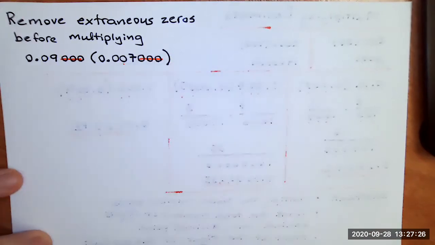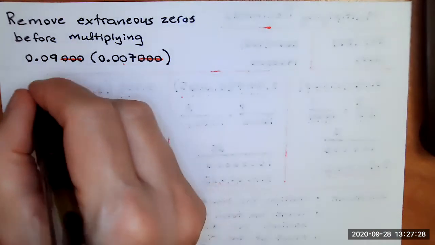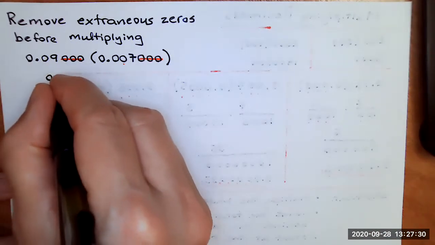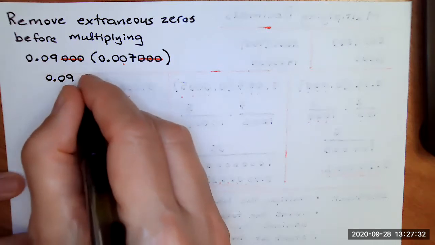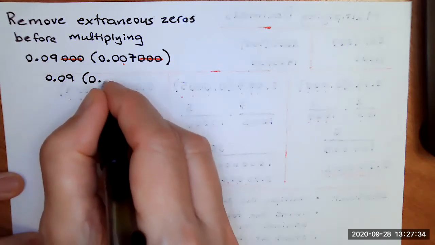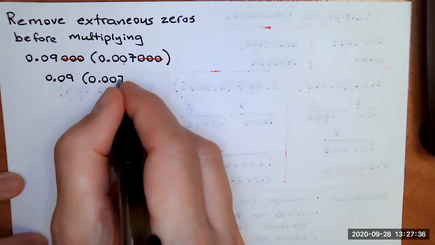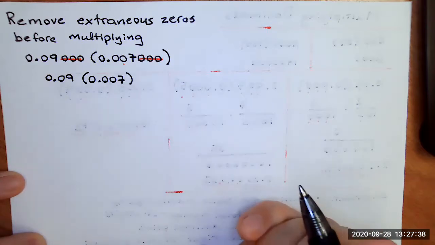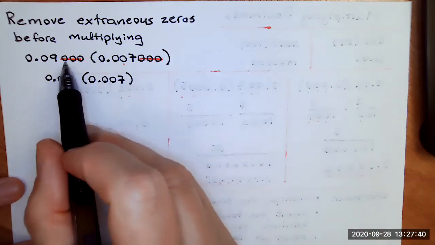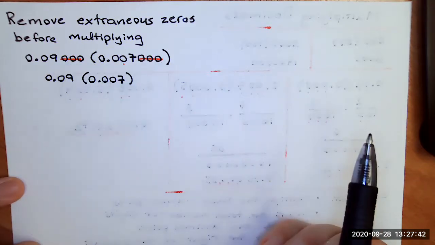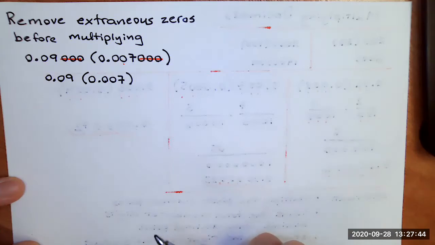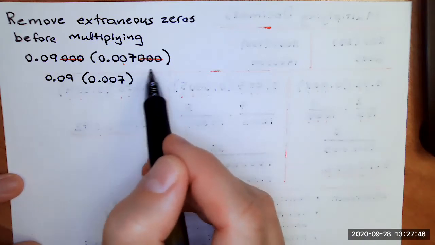Yes. And it doesn't hurt to just rewrite the problem without them so that you don't forget. So once you take away the extraneous zeros, they don't come back. It's like reducing a fraction.